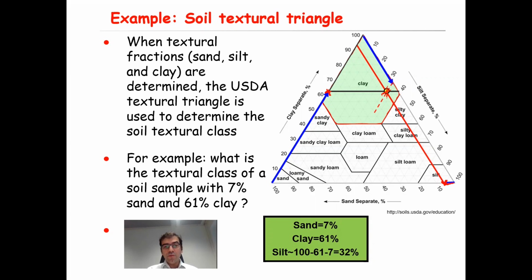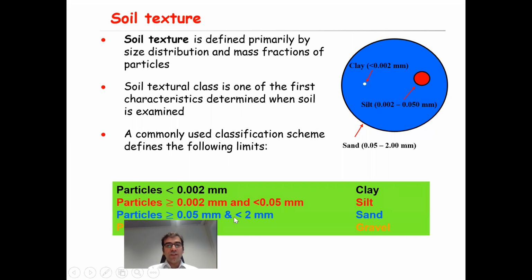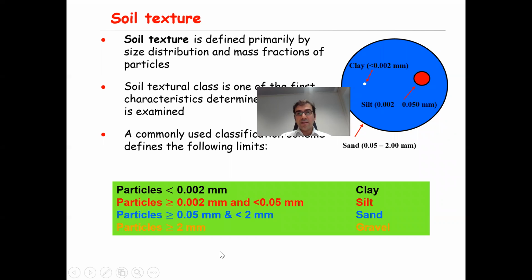Let me give you a very short review. In the previous lecture, we discussed particle size distribution. There are different methods you can use to calculate the particle size distribution of your soil. Then you use this classification here, because now you have the particle size and the fraction of each size.